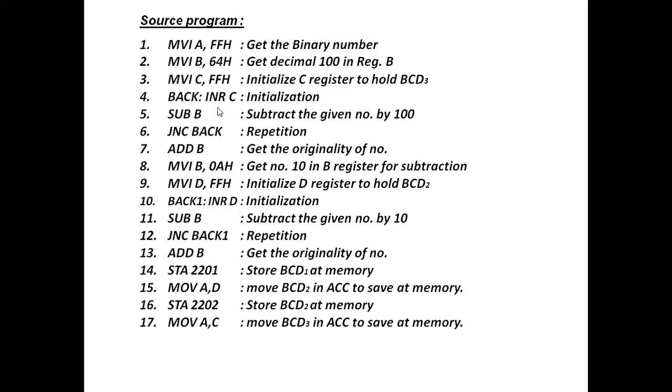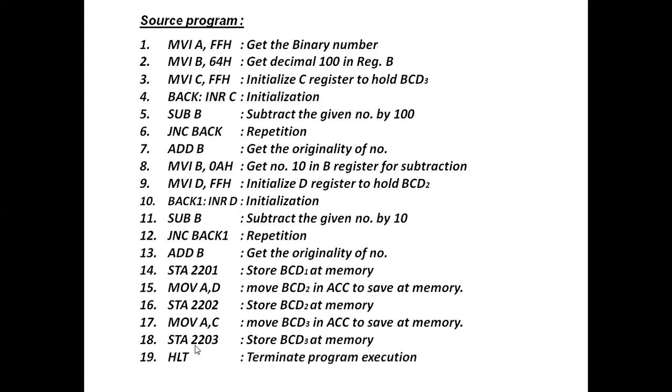Again, the C register contains BCD3. So the BCD3 value is copied into the accumulator, and then the content will be stored in 2203. So 2201 contains BCD1, 2202 contains BCD2, and 2203 contains BCD3.